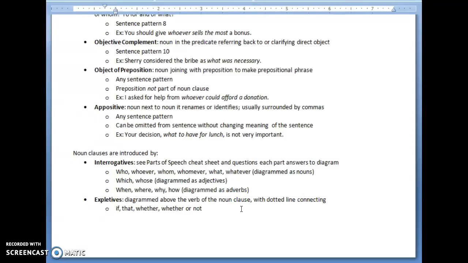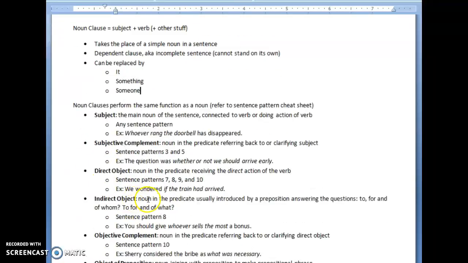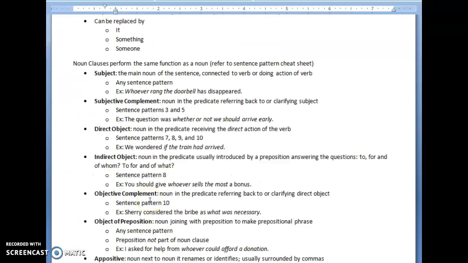Keep in mind that noun clauses are going to be on pedestals. I know that pedestals with prepositional phrases have caused us some grief, but in a way, this is a lot more clear cut. If it's a noun clause, it goes on a pedestal. And then depending on what function it is performing is where it's going to go.